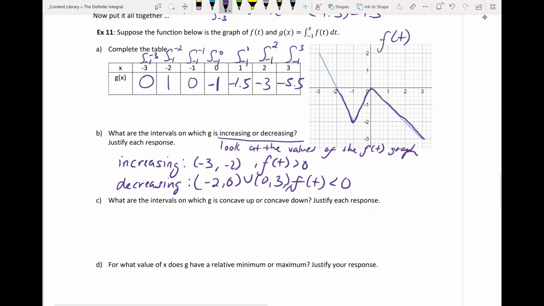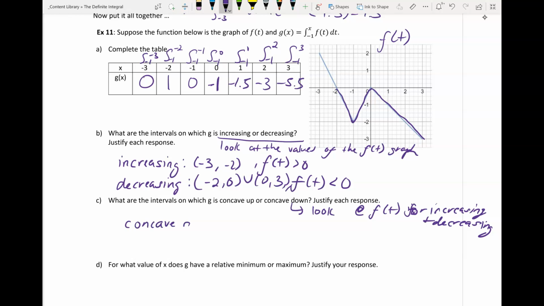For C, we're going to look at intervals on which G is concave up or down. In this case, we're going to evaluate when f of t is increasing or decreasing. So if we have concave down when f of t is decreasing and concave up when f of t is increasing.